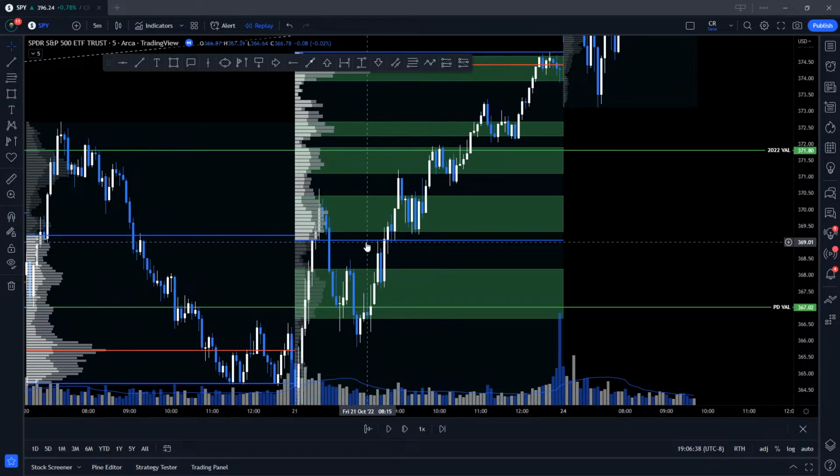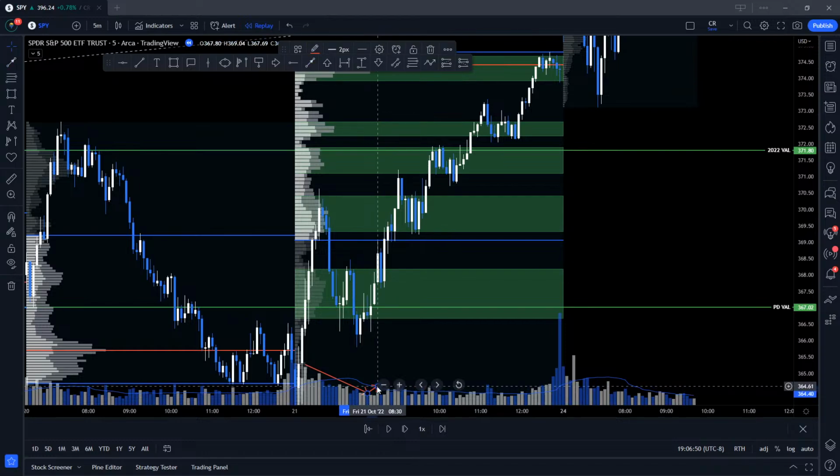And again, you want to be watching your volume. So here, for instance, volume's trending down, right? And then it was here that we start to see volume trending up. So on this candle right here, we saw volume growing, and this is where we start to slice through to the upside.